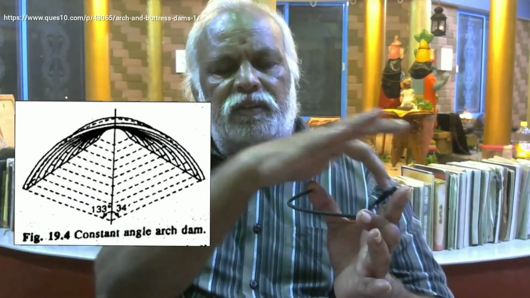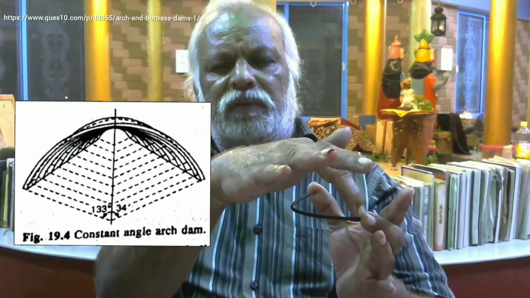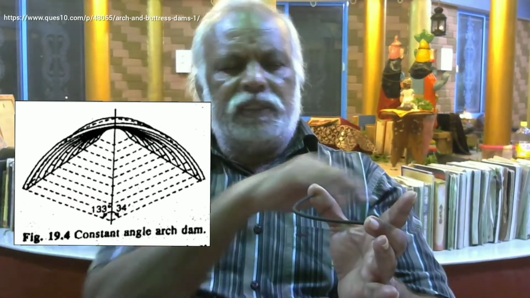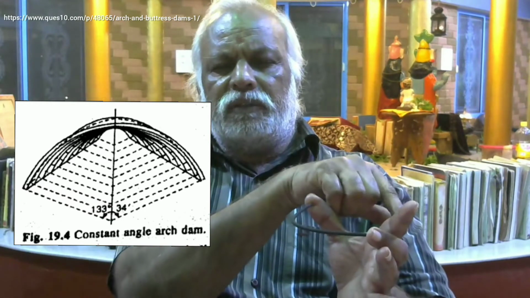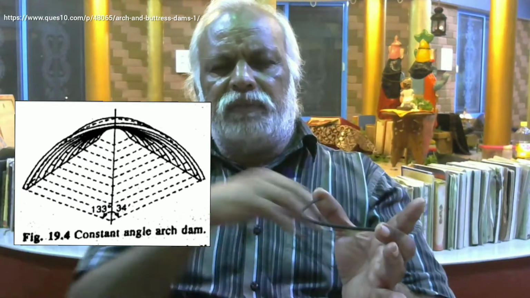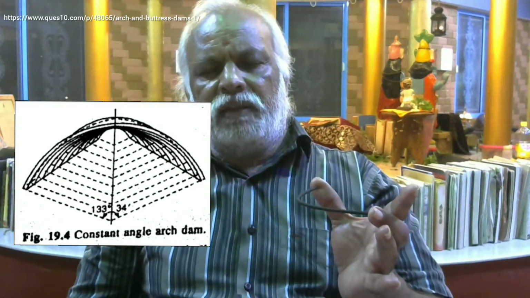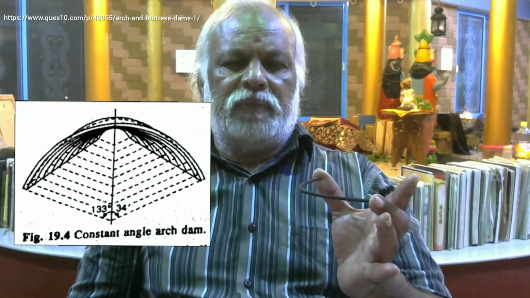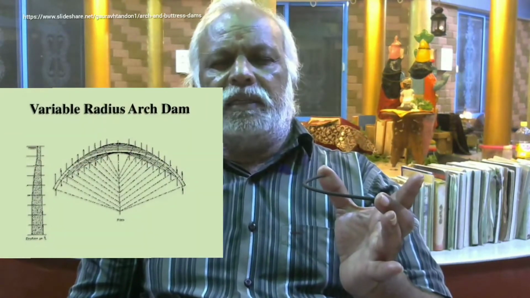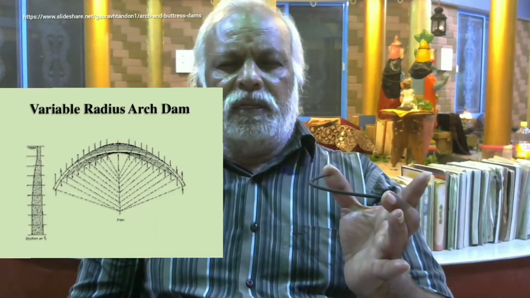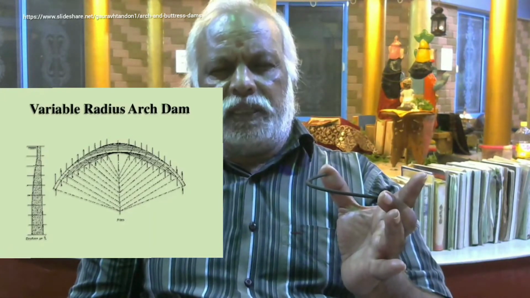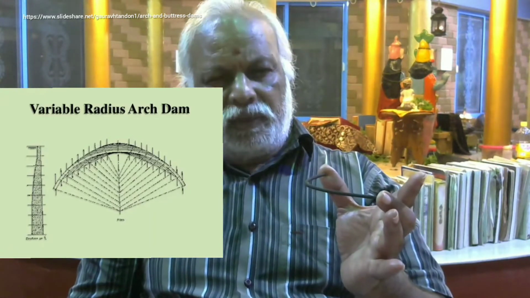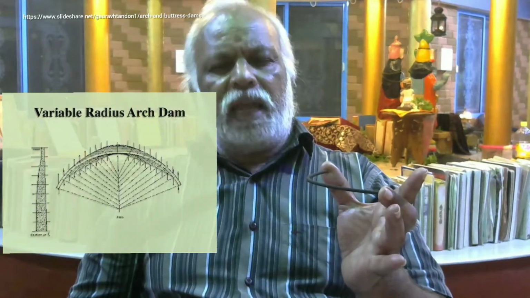If you join a line from this abutment to the center of curvature, and this abutment to the center of curvature, that subtended angle from top to bottom of the arch will be the same. Constant angle arch dam. Another is the variable radius arch dam.